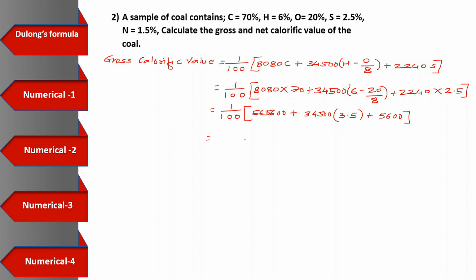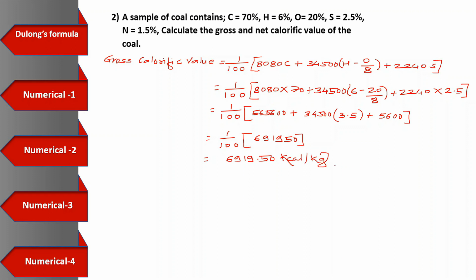After solving the bracket, our answer is 1 upon 100 into 691,950.